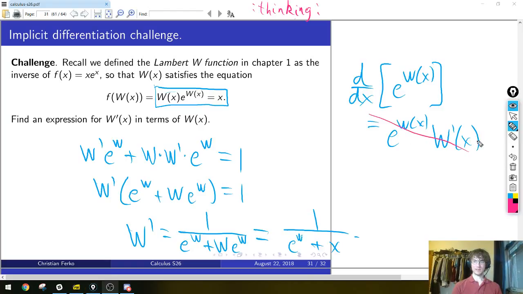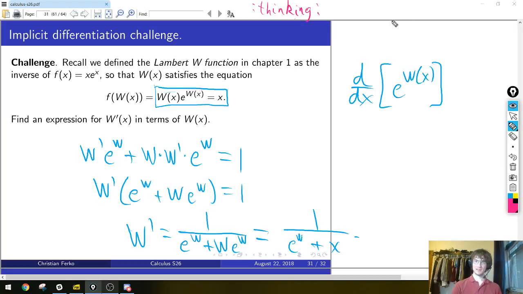Well, okay, so if you didn't know the answer, how would you differentiate? How would you take the derivative of e to the w of x? If I hadn't already told you it's this, what would your steps be? Well, it's a composite of functions, right?